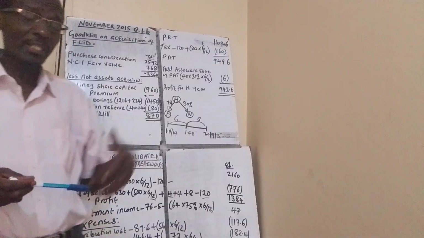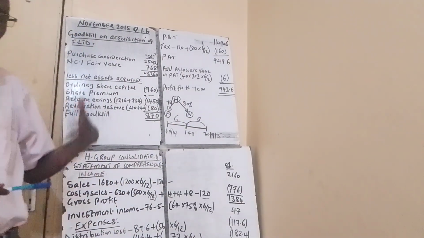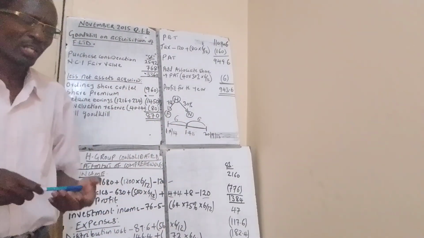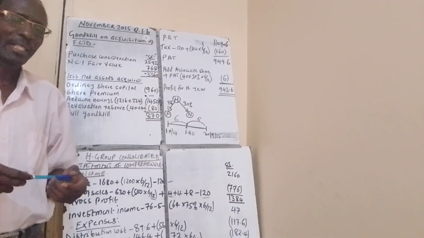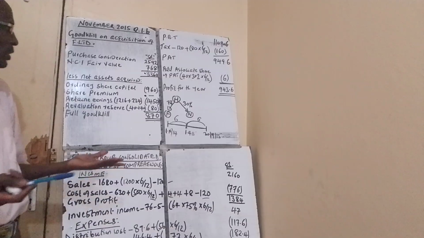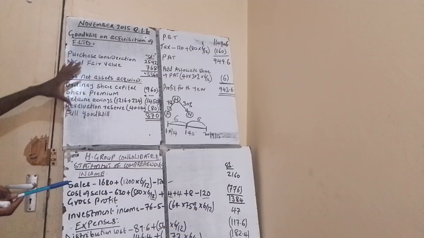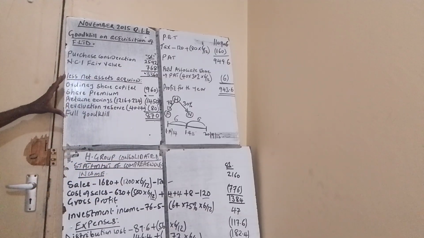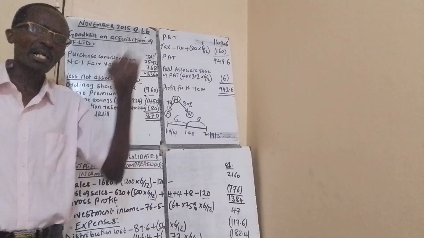What we acquire is the net assets, things like share premium, revaluation, profit as at the date of acquisition, ordinary share capital, and such. So we have all these items constituting net assets which were being acquired.